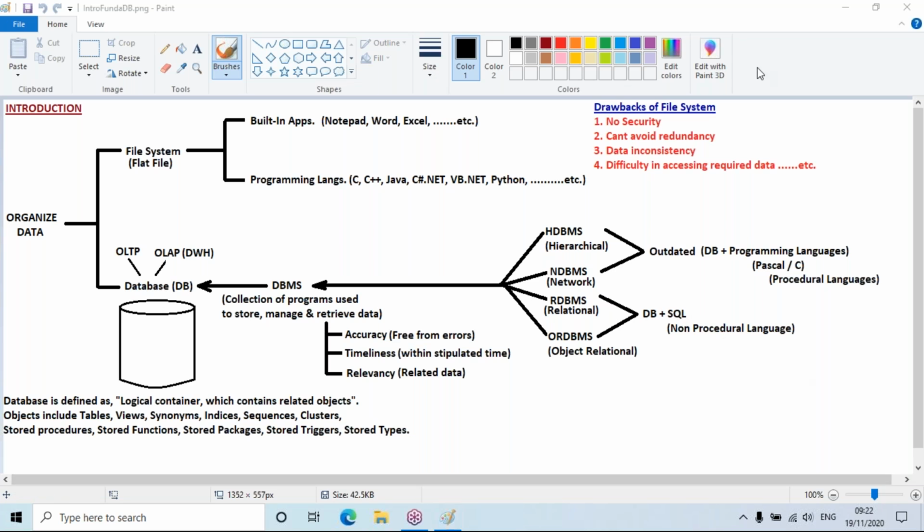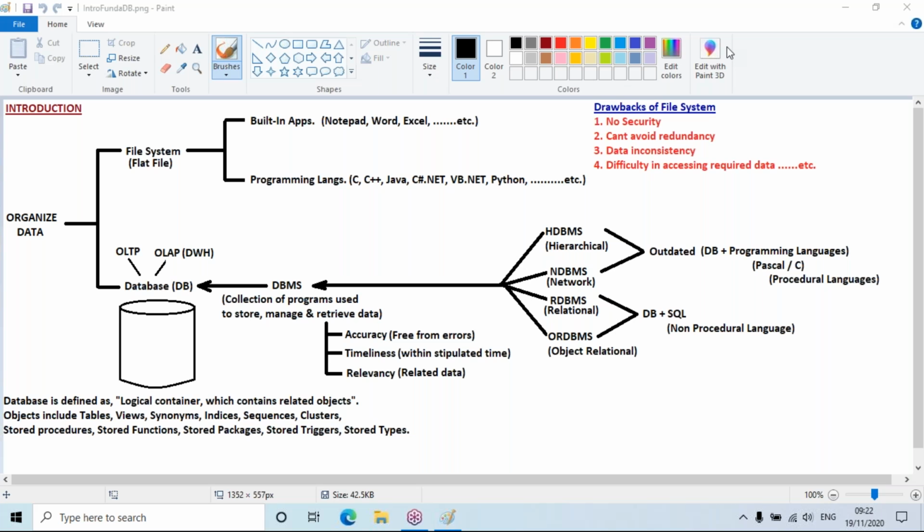Okay, anyways, last session, these were the things that we discussed, like data organization, that is with file system and database, two approaches. File system is called flat file. Databases are of two types, OLTP and OLAP: online transaction processing, online analytical processing. File system, I said, we implement in two ways, using built-in applications and programming languages.